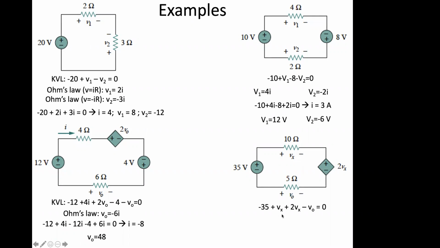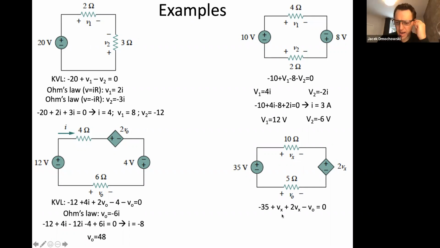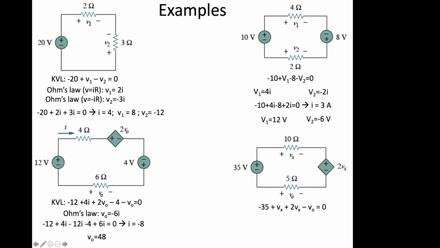Yeah, so now we need an expression for either Vx or V naught. Let's see, what's the easiest route here? Well, we can simplify the Vx. So it could just be minus 35 plus 3Vx.